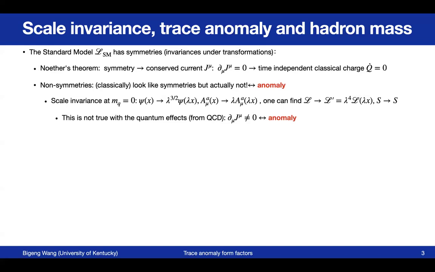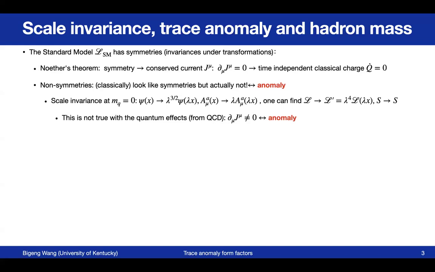Something interesting in the case of trace anomaly is that there is a scale invariance in the Lagrangian, in the limit where quarks are massless. If we do a scale transformation for the quark field and also the gauge field, we find that the Lagrangian density changes by a scale factor.